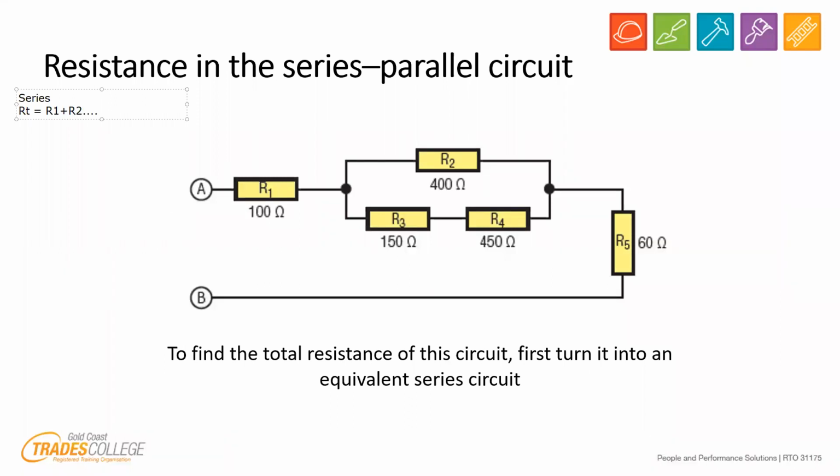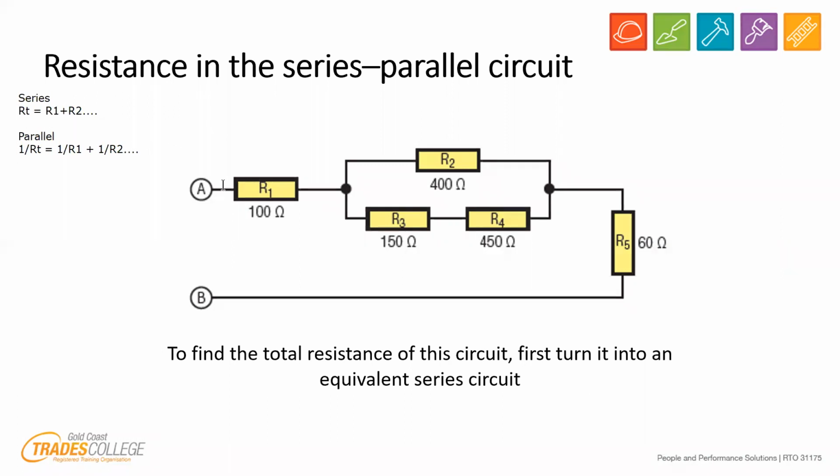And for parallel, it's 1 divided by RT equals 1 divided by R1 plus 1 over R2, and so on. So we need to remember those two.